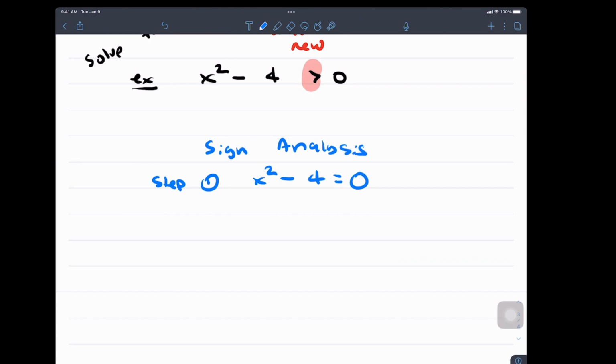So this is a new process for us, the sign analysis process. Okay? So I have to give you guys a recipe, but this process is based on what you've done before in your past. So for example, sign analysis, you got x squared minus 4 equals 0 here, okay?